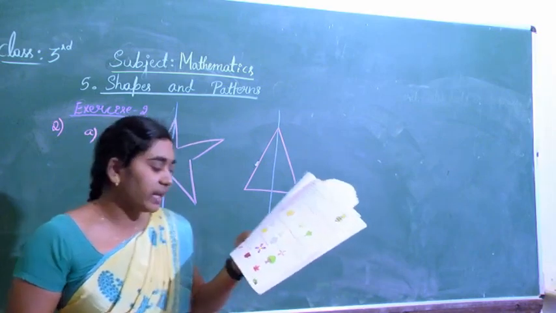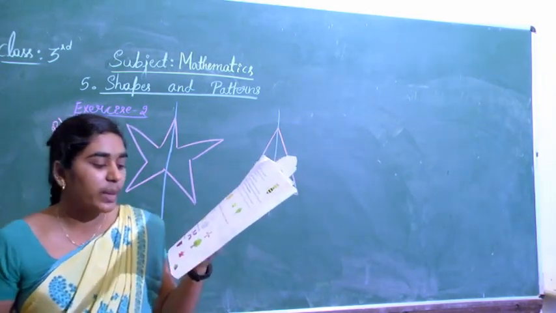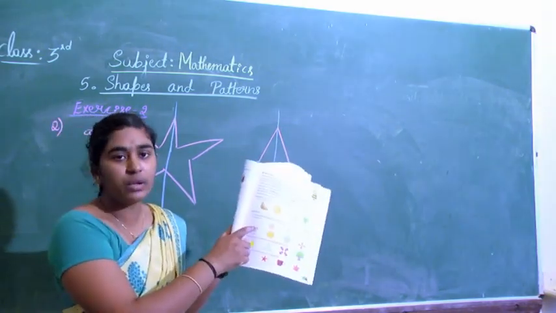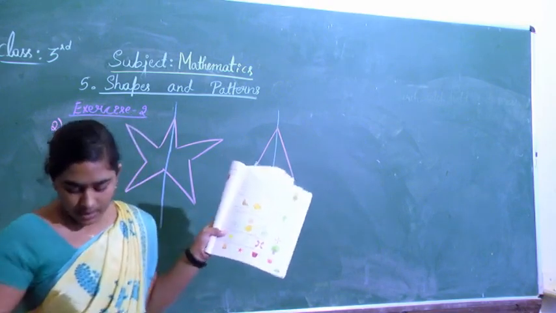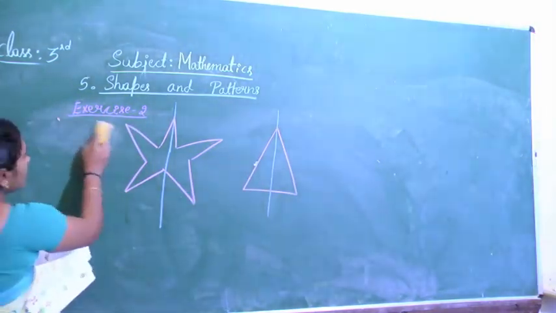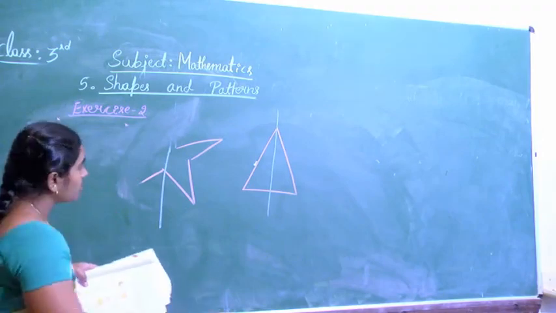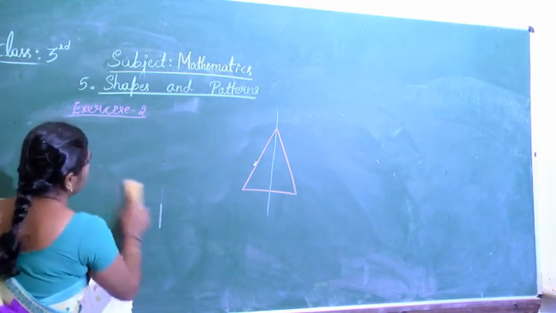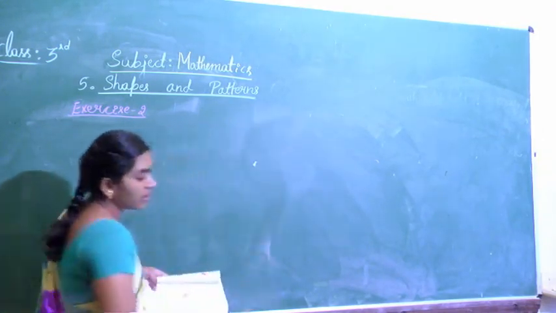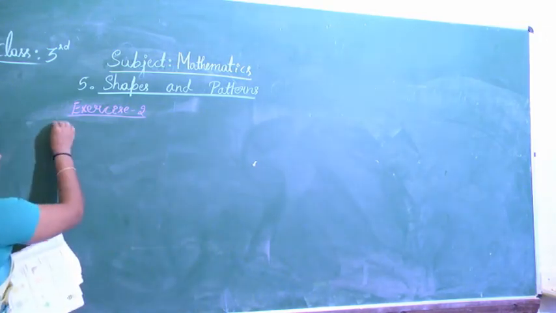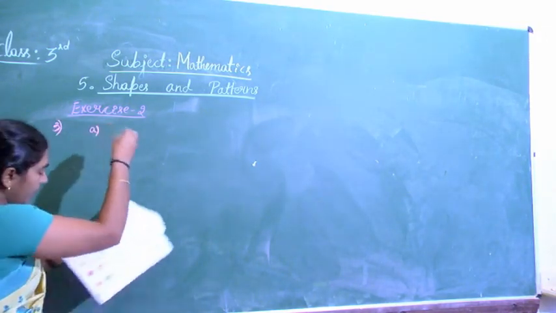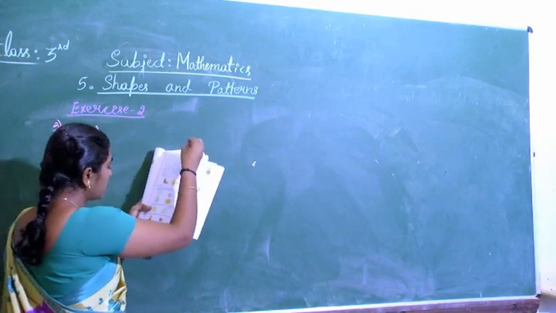And the third one is to put a tick mark on the pictures that are symmetrical, which is similar to the first one. Here you need to draw and check, then only you need to put a tick mark. First one is a bell.